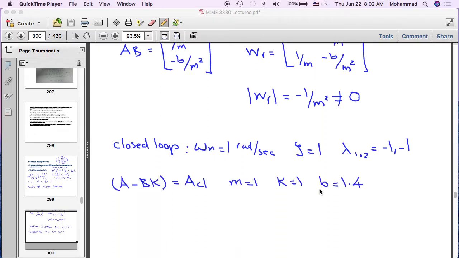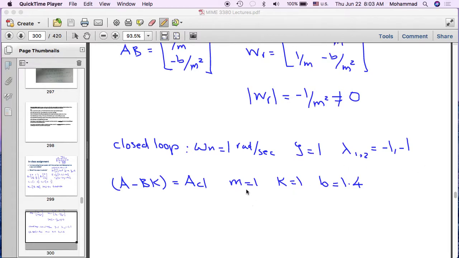So we went one step further and said, with the full state feedback control, with the method of pole placement, we want to achieve a natural frequency of 1 radian per second and have a critically damped system. That meant that the two eigenvalues of the closed loop system had to be located at -1 and -1.